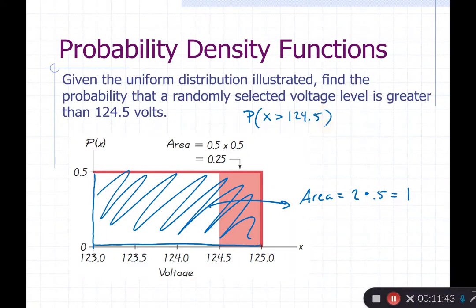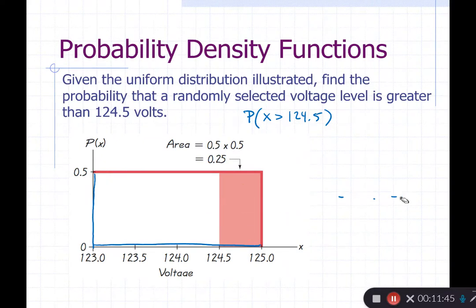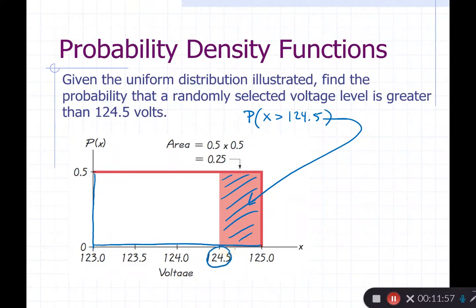That's going to be this area, the area to the right of 124.5. So greater than this number. Okay, and this is fundamentally important for this and the next half dozen or so topics in statistics. The fact that with a continuous random variable, finding probability means finding area.